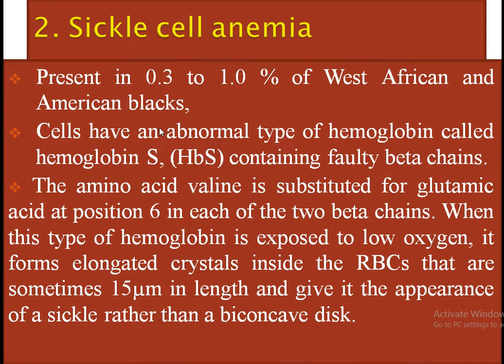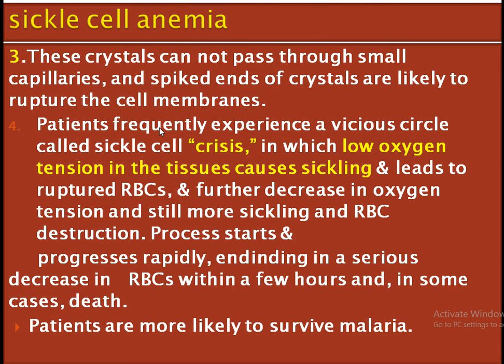So, because of the abnormal beta chains, the hemoglobin becomes abnormal and it leads to sickle cell anemia. These crystals cannot pass through small capillaries and may injure the blood vessel wall.